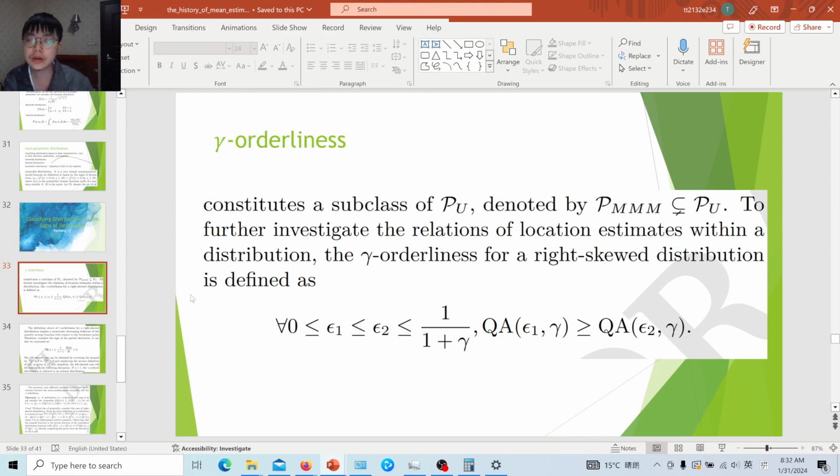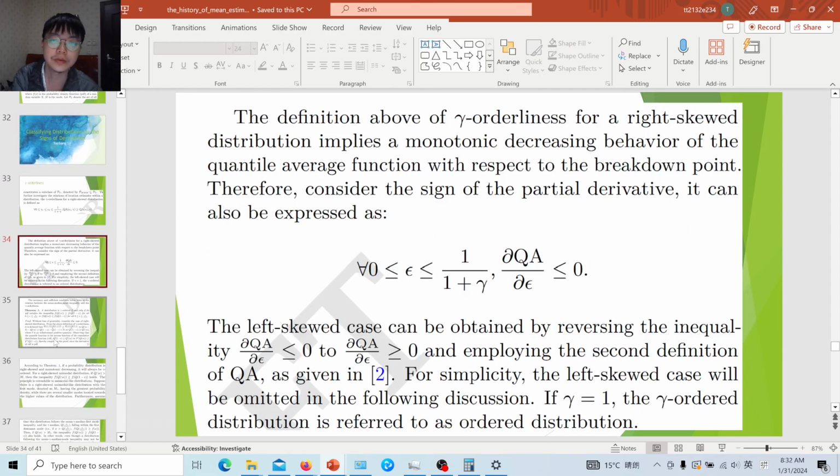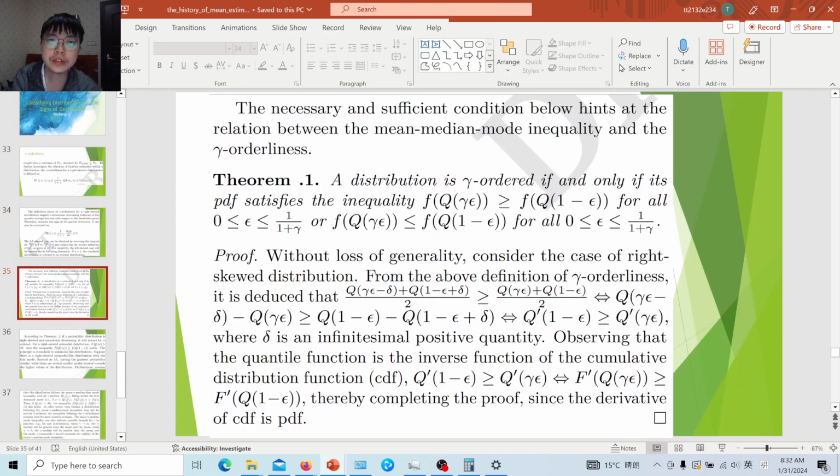So this definition basically says that if there is an ordering among the quantile averages, then this distribution is ordered.